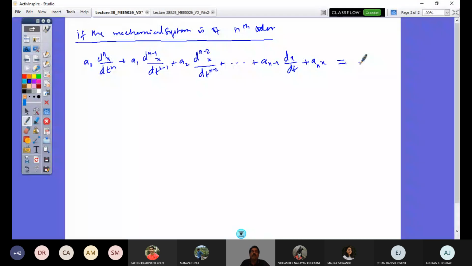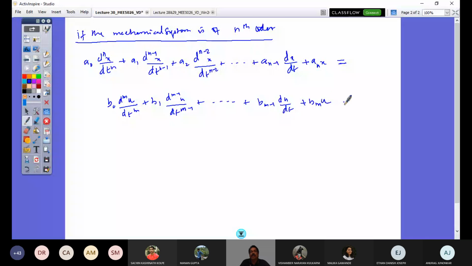So let us put that as b naught d power m u by dt power m plus b1 d power m minus 1 u by dt power m minus 1 plus and so on, plus b m minus 1 du by dt plus bm into u.